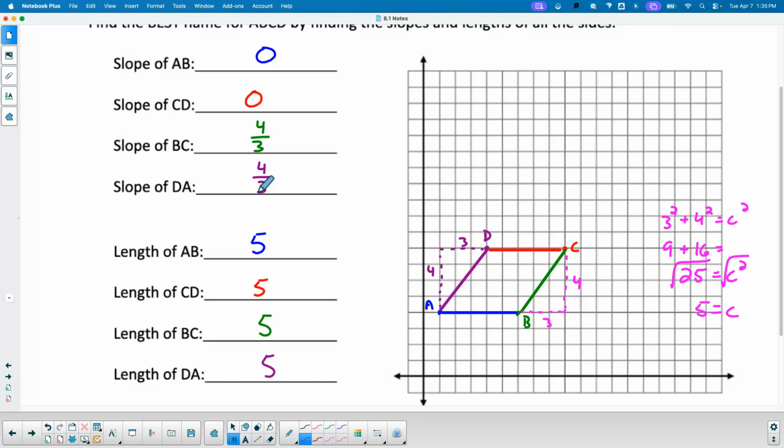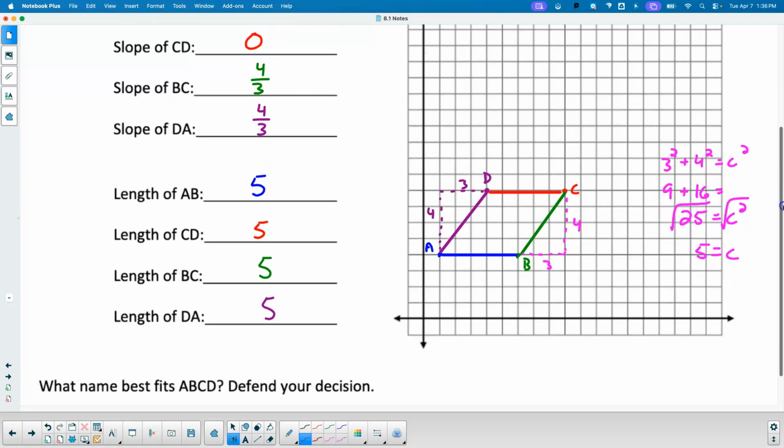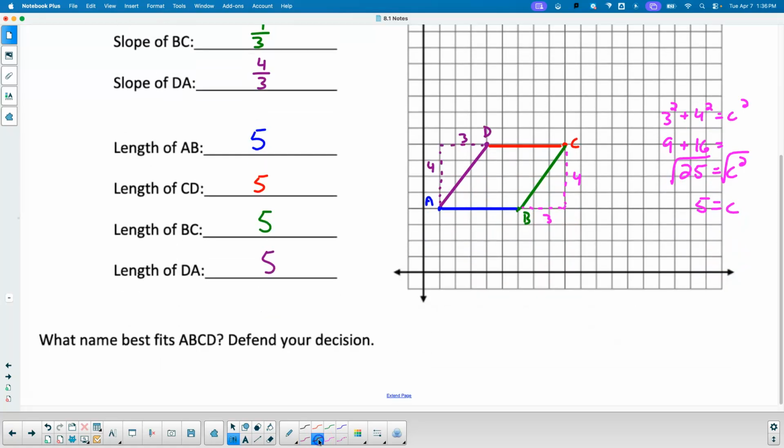And all of the sides are the same. If we would have had perpendicular sides and all the sides are the same, then we would be a square. But because we don't have the perpendicularness, we are just a rhombus. Okay. Any questions?